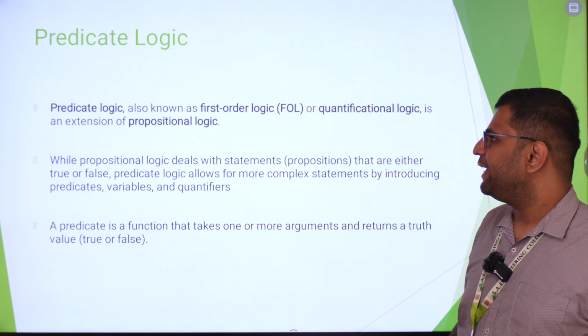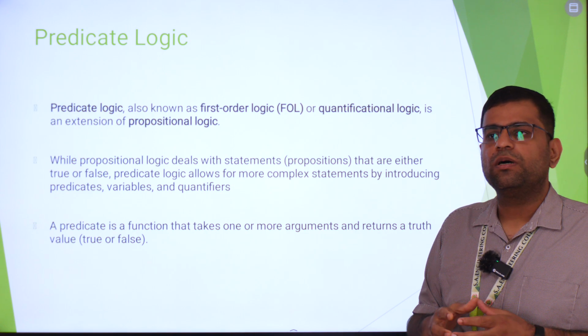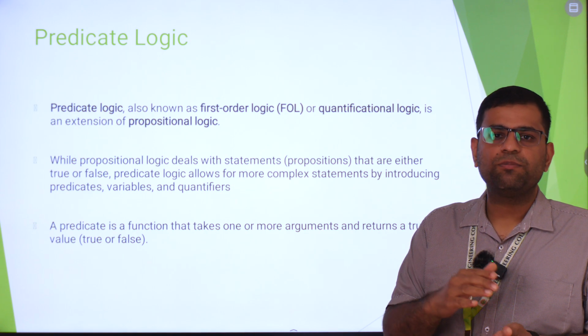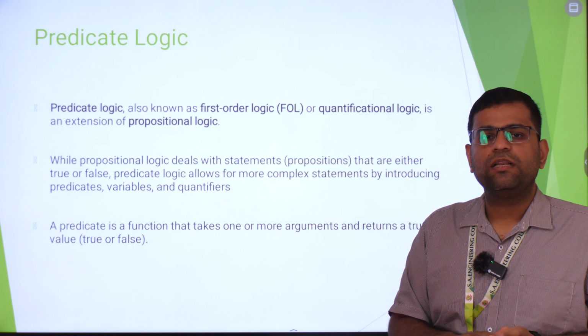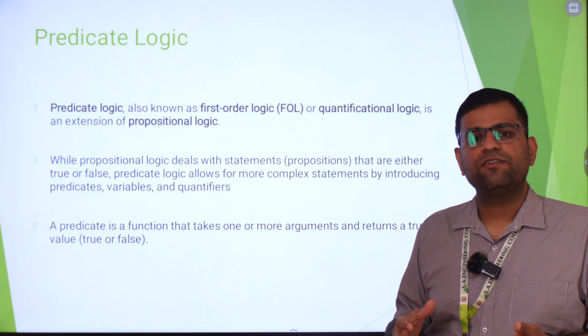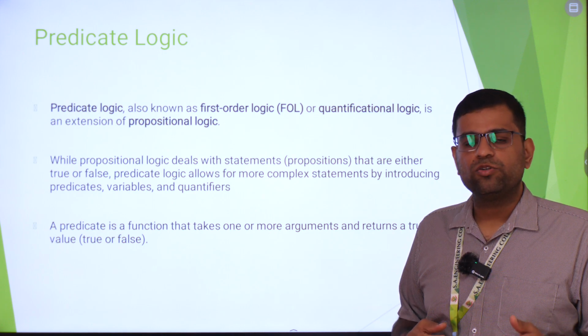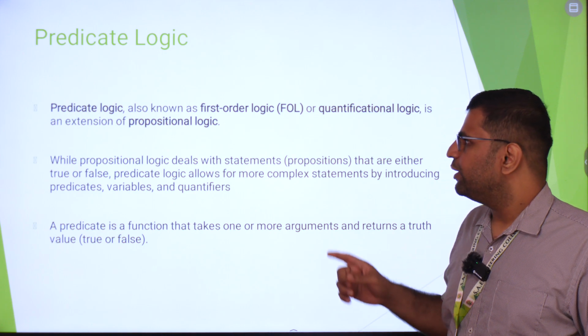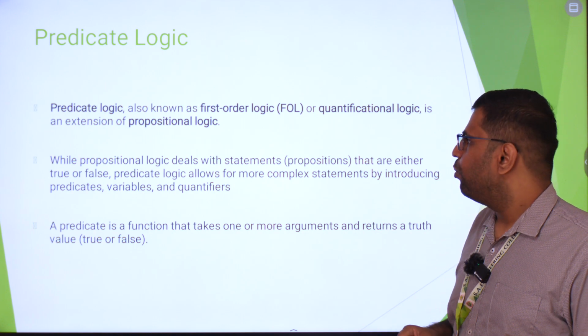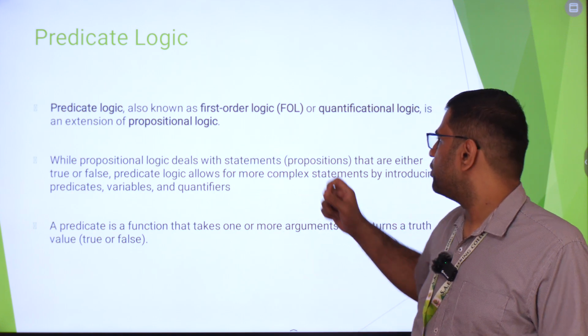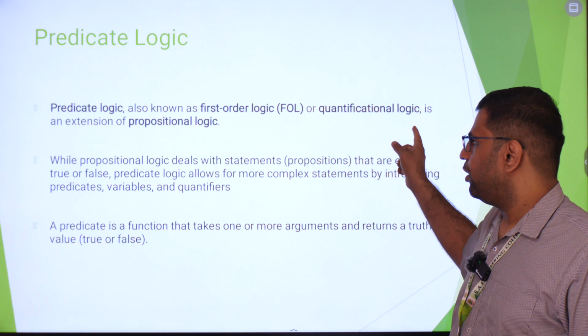And we have predicate logic here. The next one is predicate logic. We have seen propositional logic, logical connectives, and then logical equivalence, tautology and contradiction concepts. Next we will see predicate logic, which is also known as first order logic or quantificational logic.